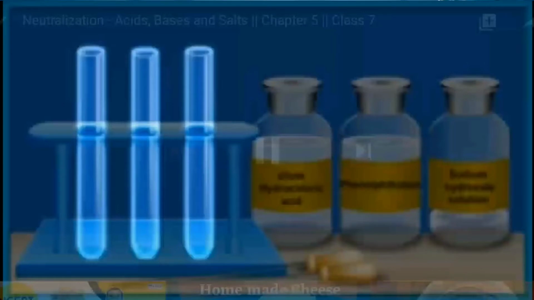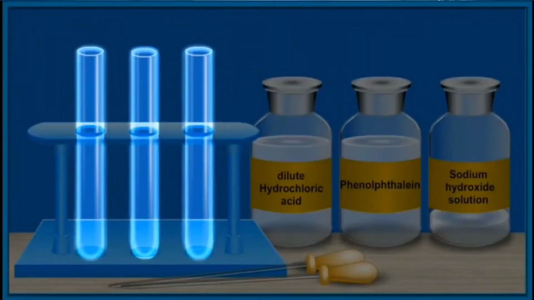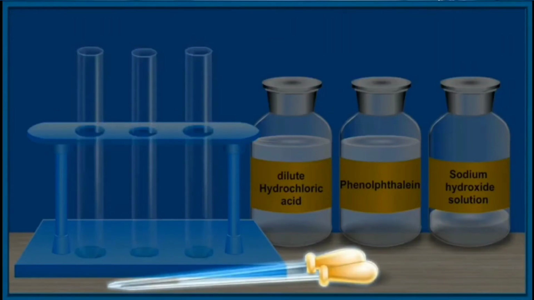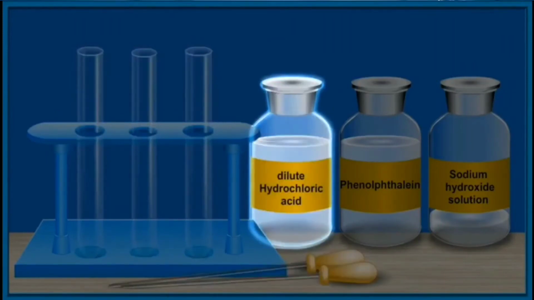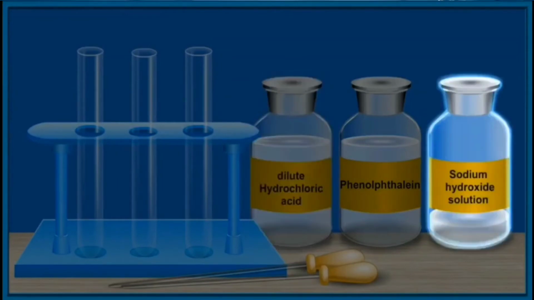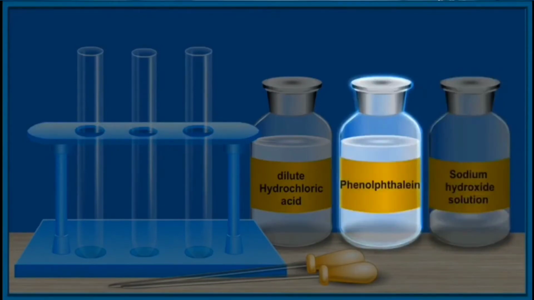So let us start with the experiment. Here we are taking test tubes, droppers, and 3 flasks. One of them contains hydrochloric acid, the other has sodium hydroxide, and the last one has phenolphthalein, which is an indicator.